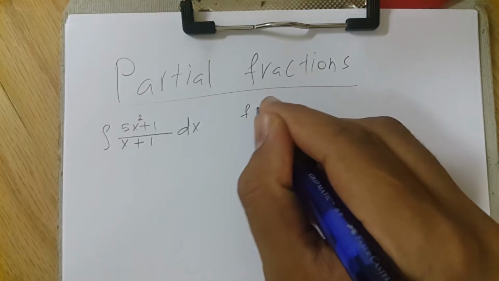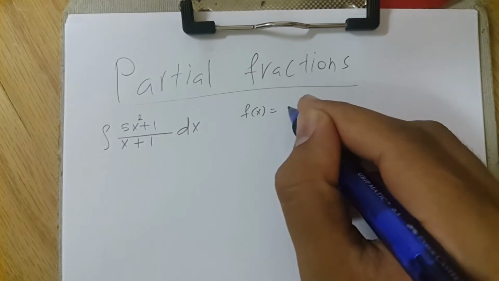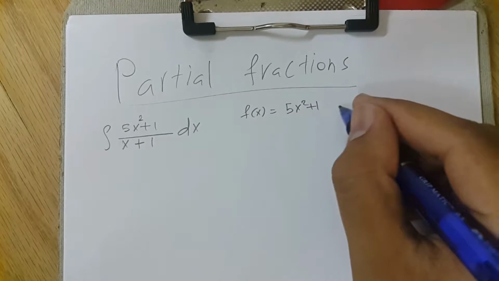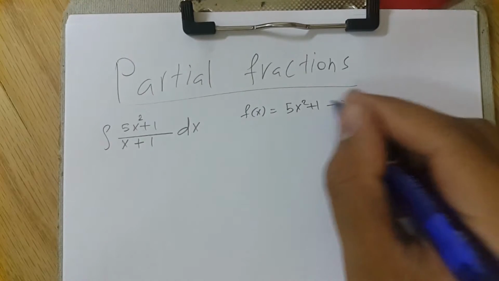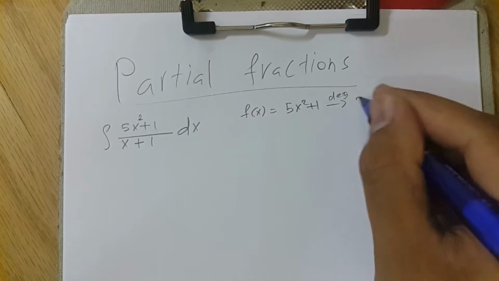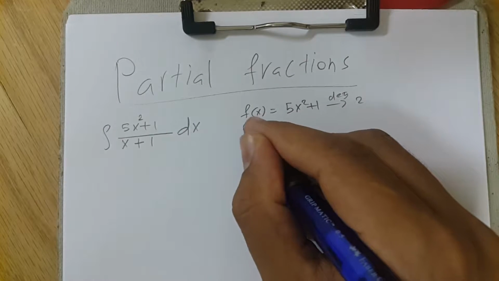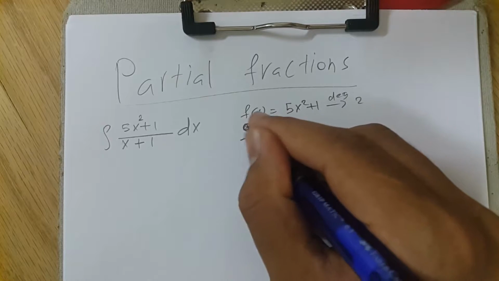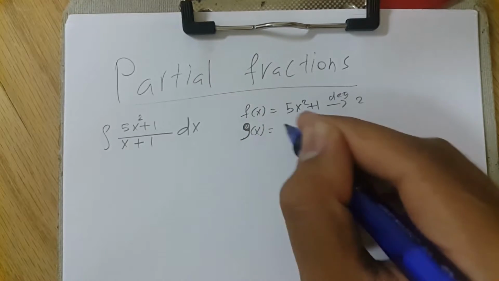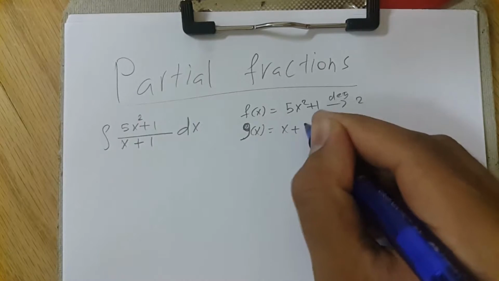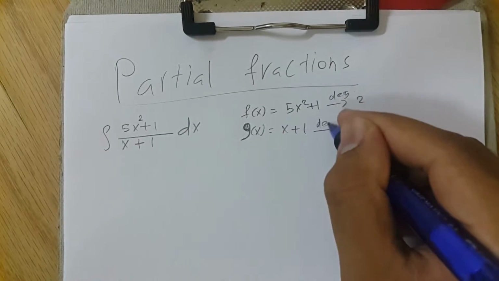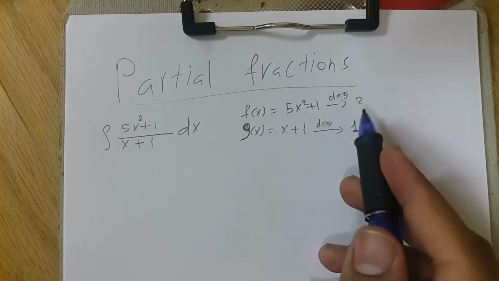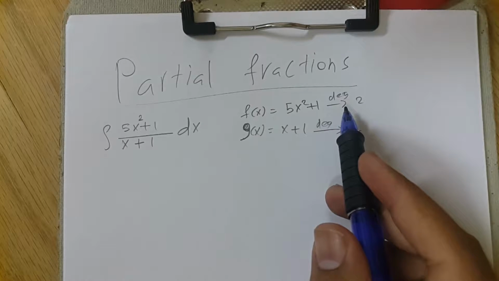If I call f of x the numerator, it has a degree of 2, and g of x is the denominator, which has a degree of 1.